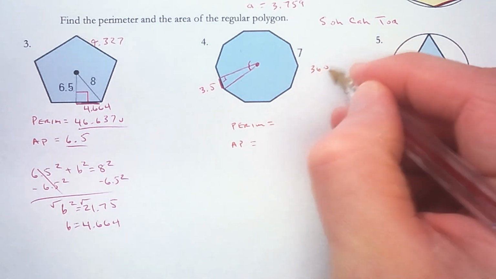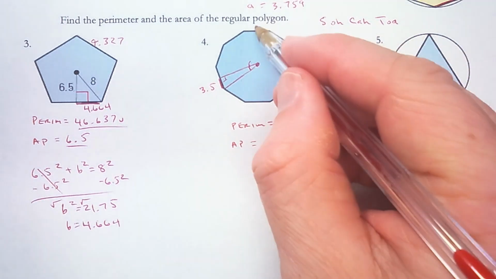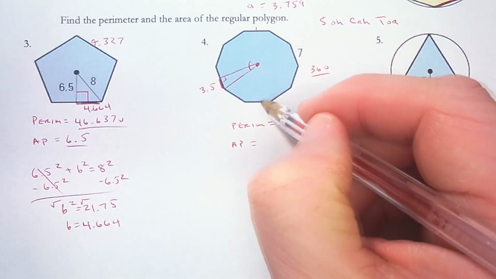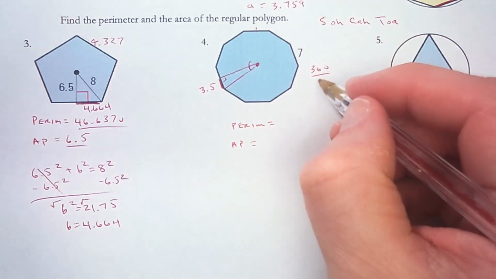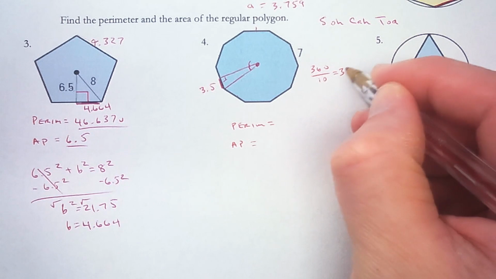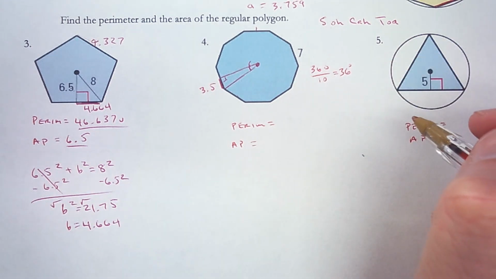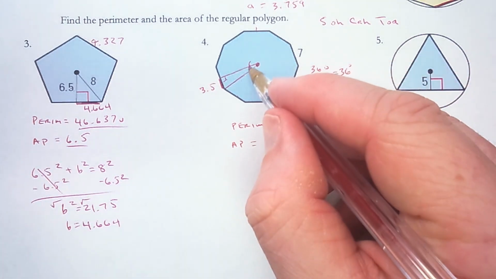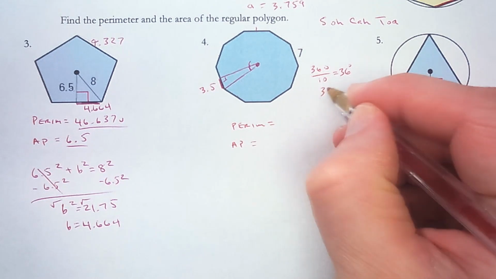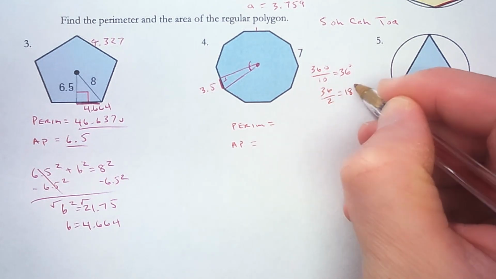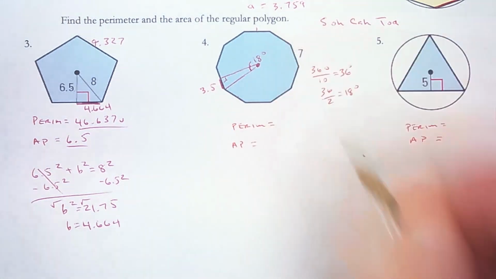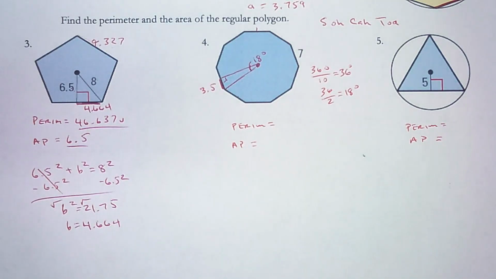So I'll do 360 divided by the number of sides. So that's 1, 2, 3, 4, 5, 6, 7, 8, 9, 10 sides. 360 divided by 10. That's 36 degrees. That's a central angle. But what I have here is a half central angle. So 36 divided by 2, and that is 18 degrees. So I have an 18 degree half central angle.